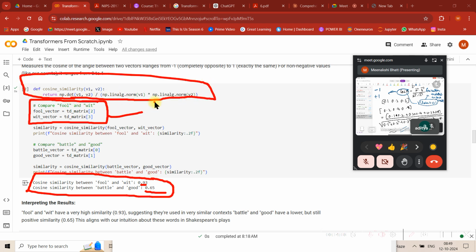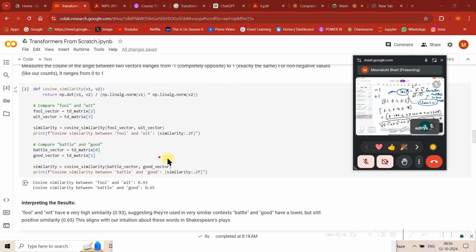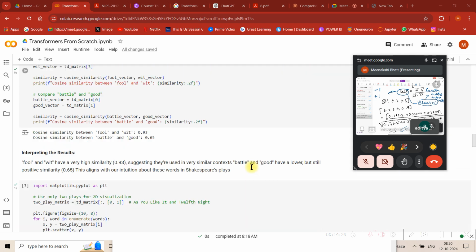You don't have to do it for the timing, but it's good to know. This is how you get the cosine similarity between two vectors. Fool and wit have the highest cosine similarity based on their presence in our data. And that is term document frequency.